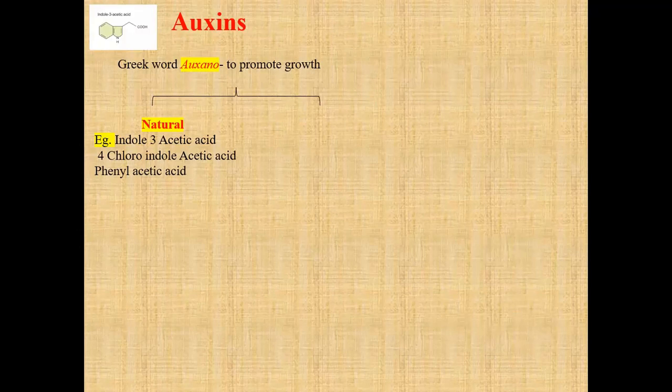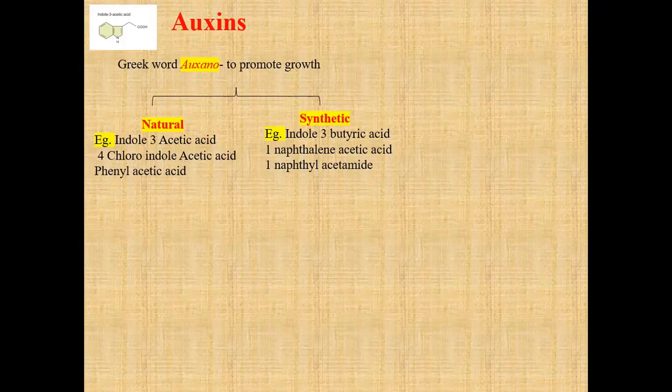These compounds are naturally present in the plant body, so they are known as natural plant hormones. The second is the synthetic one, prepared by chemical reaction: indole 3 butyric acid, 1 naphthalene acetic acid, and 1 naphthalene acetamide. These are the chemical plant hormones.